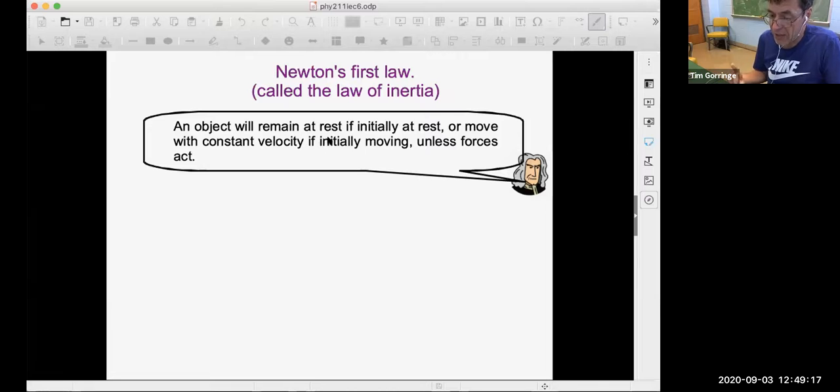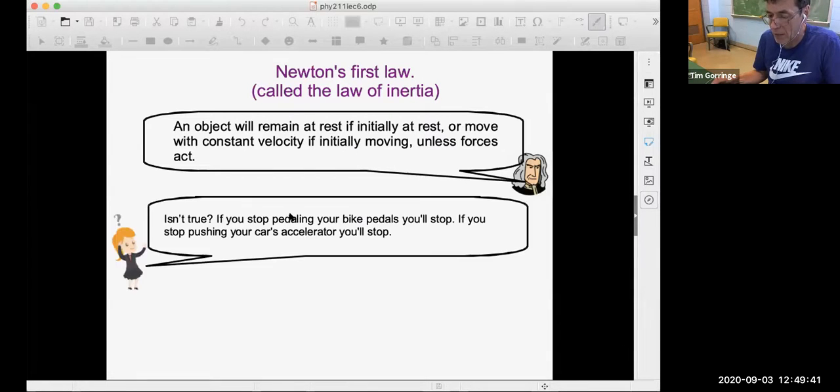If there are no forces acting on an object, if it was at rest, it's going to stay at rest. If it was moving, it's going to stay moving with the same velocity. That is, if no forces act, there's no change in the motion, or if it was at rest, there's no change in it being stationary. So it's that special case, and it's an important special case. Now, you might think, well, look, that's not true.